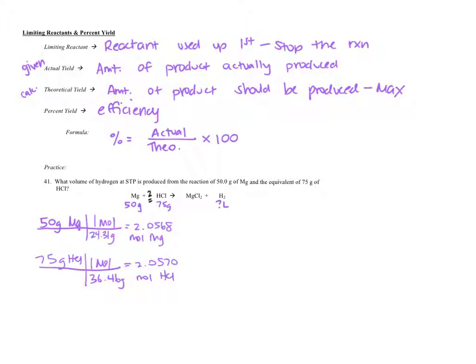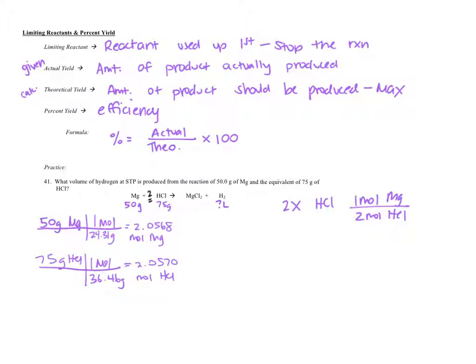You have to look and say, in this problem, according to the balanced equation, you need twice as much HCl. For every 1 mole of Mg, you need 2 moles of HCl.